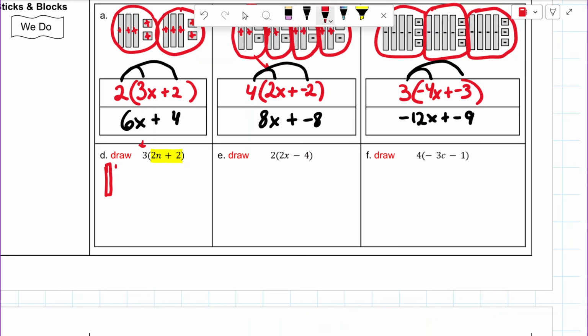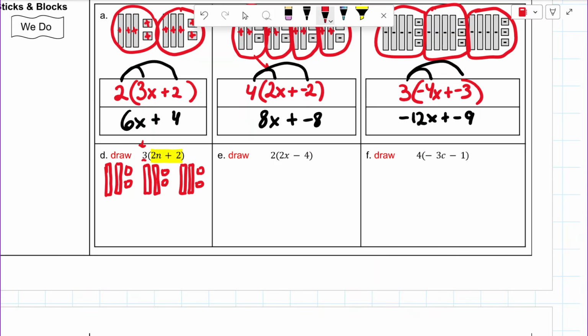Those are both positives. And then there's 2 units. That's one group. Now how many groups do we need? We need 3 of those. So another stick, 2 units. And finally, okay, it looks like we have 6 units and 6 sticks.